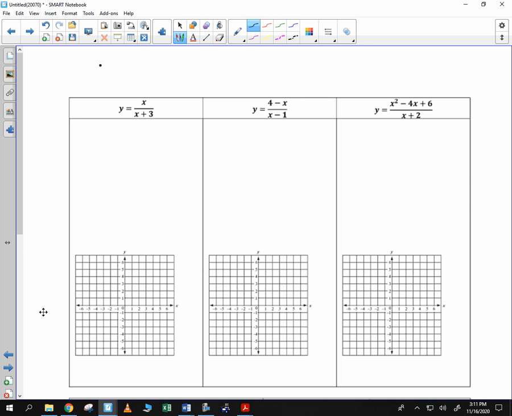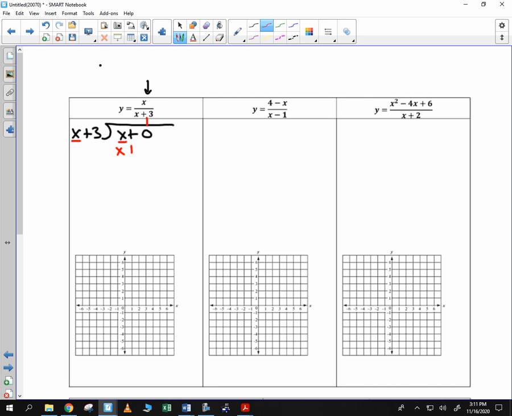Okay, so what happens when they look different in form? You can see that we don't have a number on top, we have x on top. What we are going to do is divide x plus 3 into x plus 0. What do you multiply x by to get x? You multiply by 1.